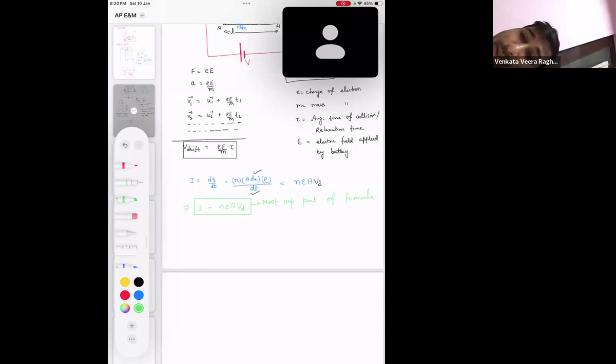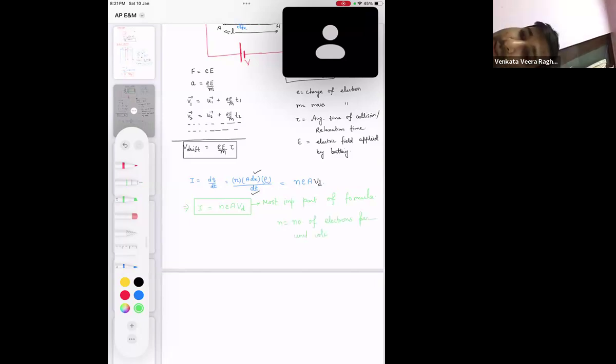So understand what the current flowing in a conductor is: nEAvd. What is n here? n is the number of electrons per unit volume.